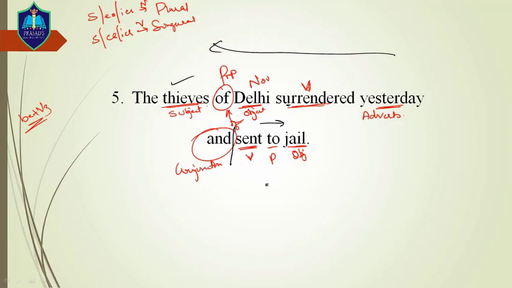So here thieves will never be the doer. In the thieves of Delhi surrendered, yes, thieves are the doer because they are surrendering themselves. This is fine. This is the subject. But here, sent to jail. Who will send the thieves to jail? Obviously the police, right? So here police will become the doer and thieves will become the receiver.